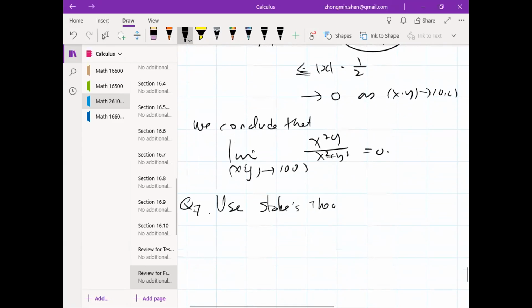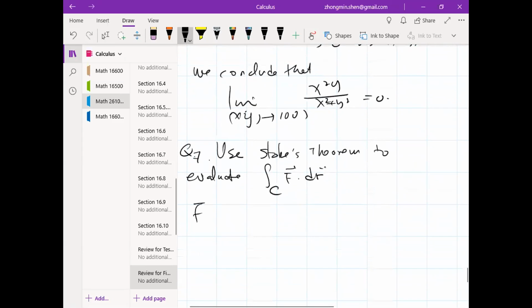Use Stokes' theorem to evaluate this line integral. F is going to be y squared i, z squared j and x squared k.